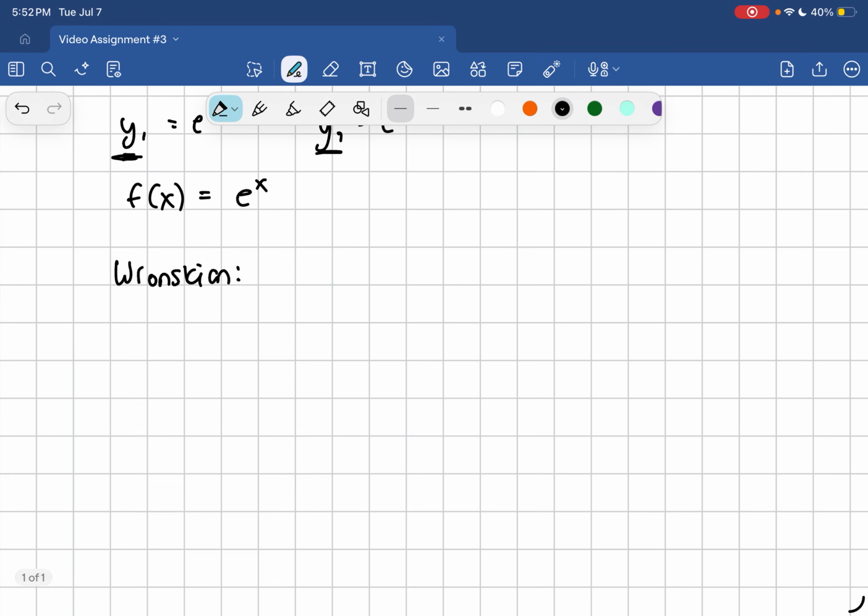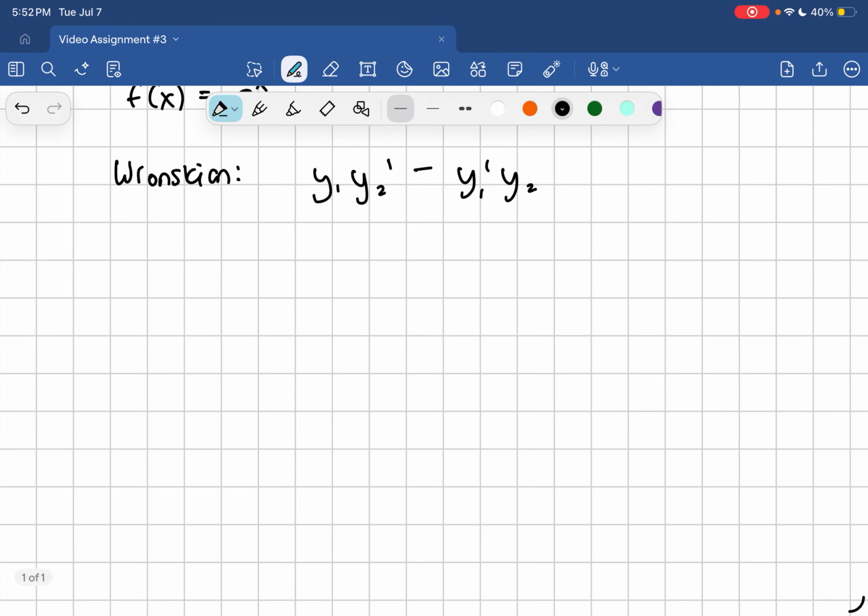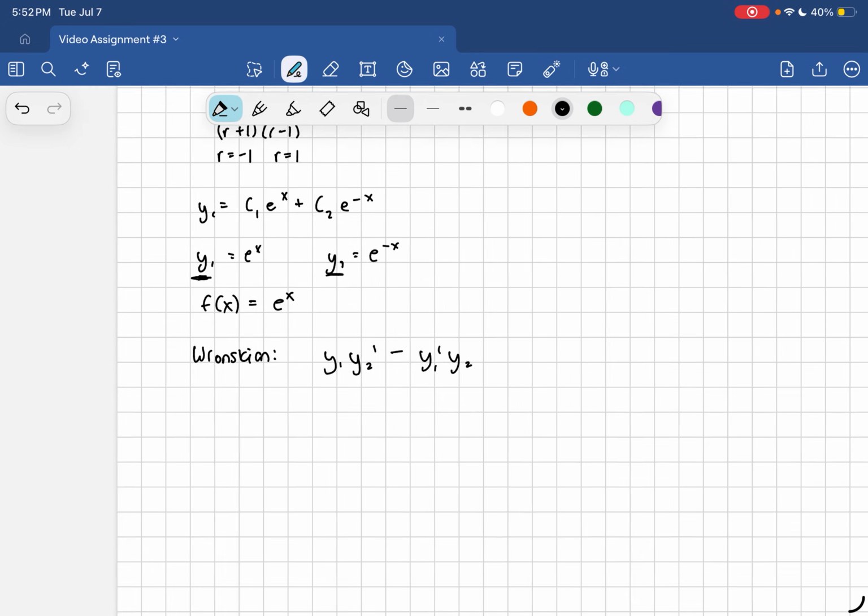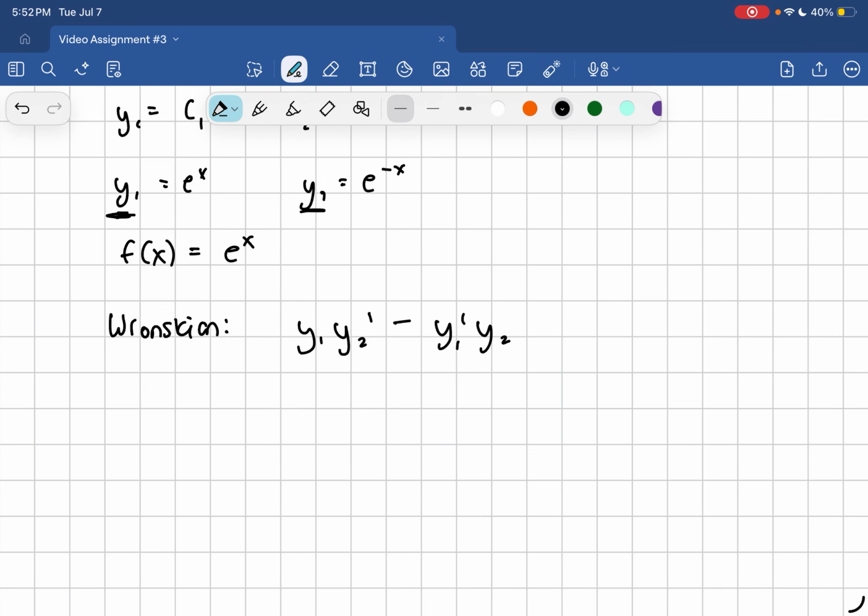So the Wronskian is given by y1 times y2 prime minus y1 prime times y2. Given these, y1 is just e to the x, y2 prime is negative e to the negative x, minus y1 prime times y2, which is e to the x times e to the negative x.